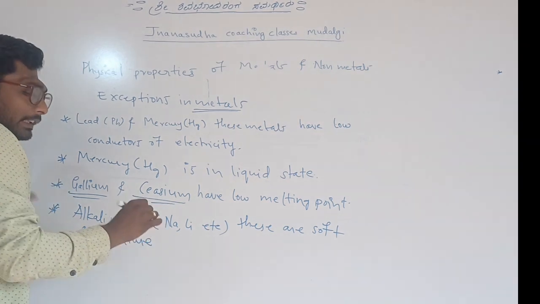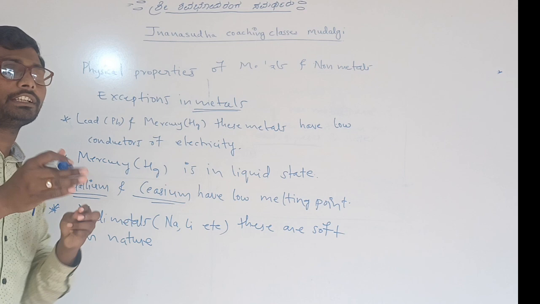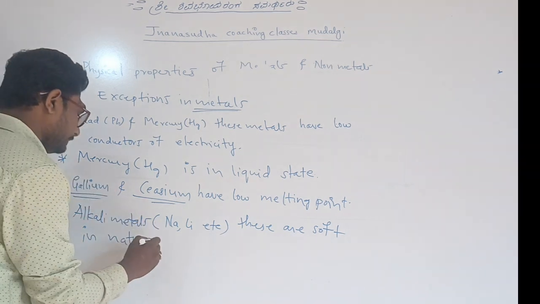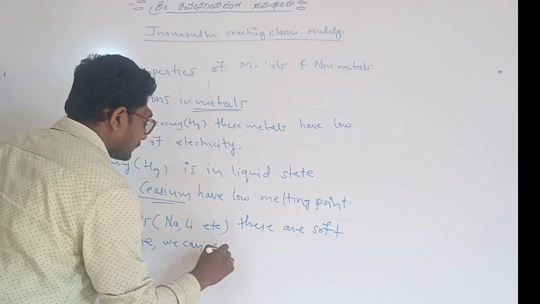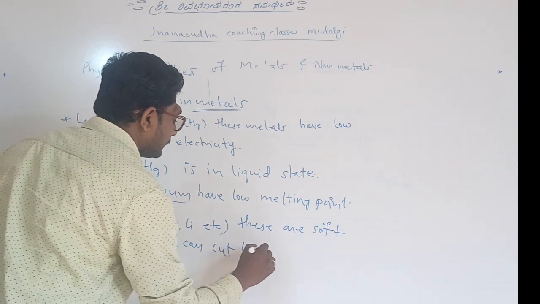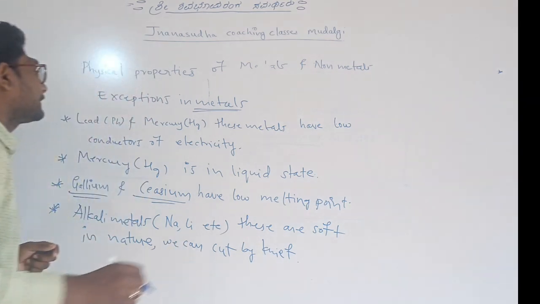These alkali metals are soft, and we can cut them with a knife. Yes, these are the exceptions in metals.